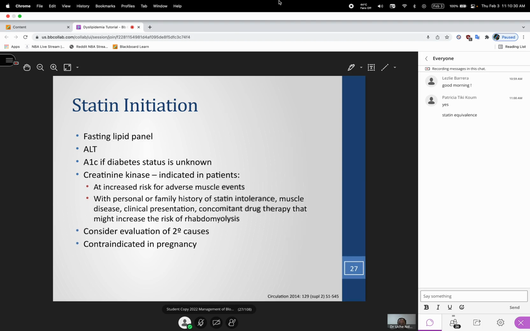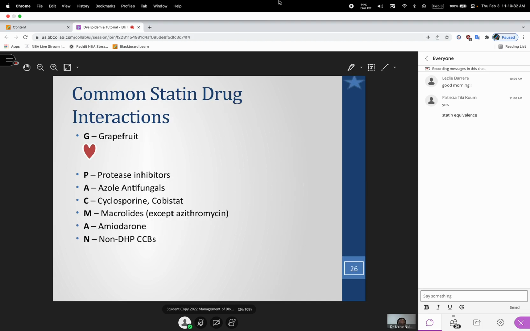Also, have an idea what to do, right? If a patient is on cyclosporin, it's a transplant drug, so you're not going to tell the patient to stop taking cyclosporin so that they can take a statin. We'll probably need to give them a statin that's less likely to interact. We'll probably need to reduce their dose.